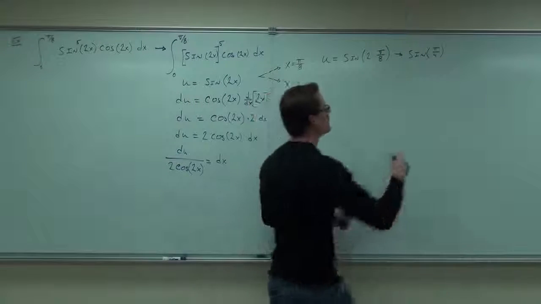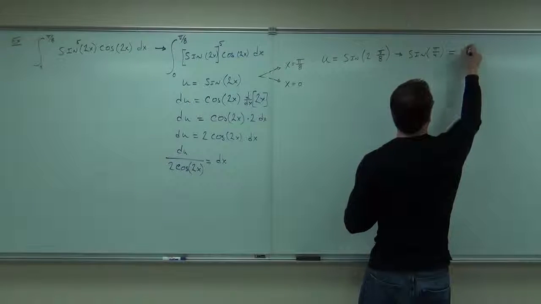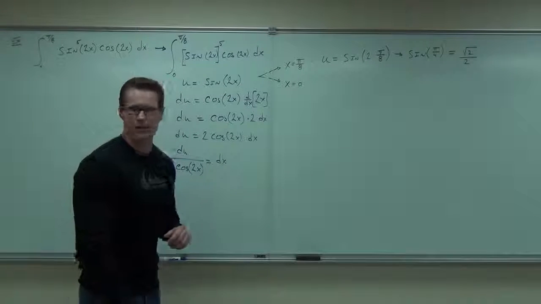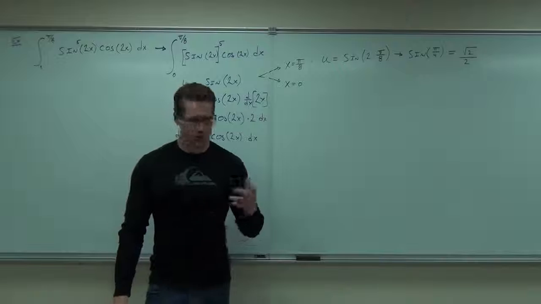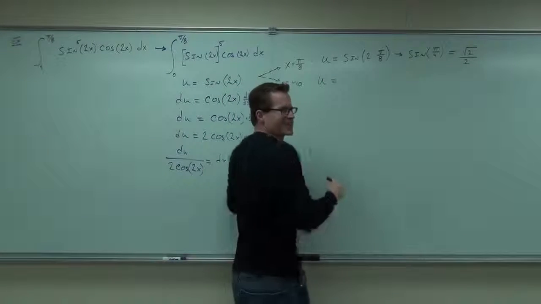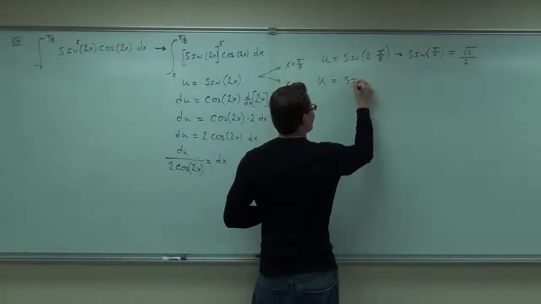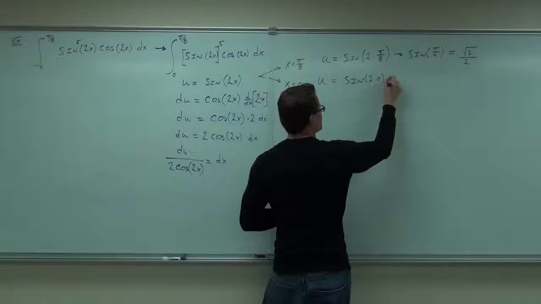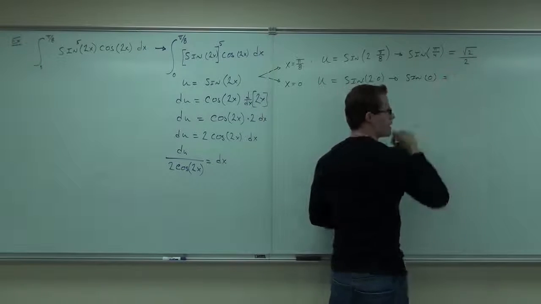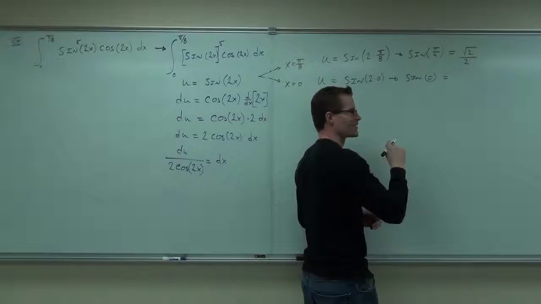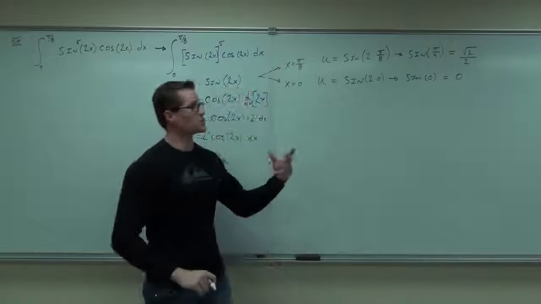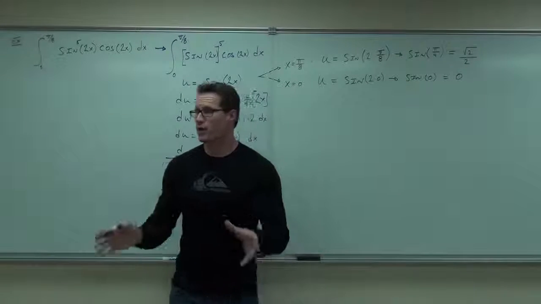Very good. Absolutely right. You okay with the root 2 over 2? Awesome. Let's do the 0. Sine of 2 times 0, I love this one. That's sine of 0. Sine of 0 is 1, right? Good, just checking. Yeah, it's 0. Sine of 0 is 0. So do you know your new bounds?